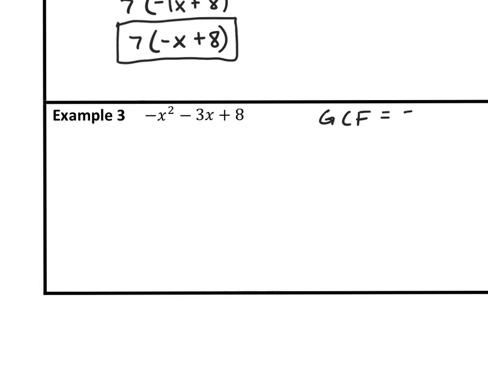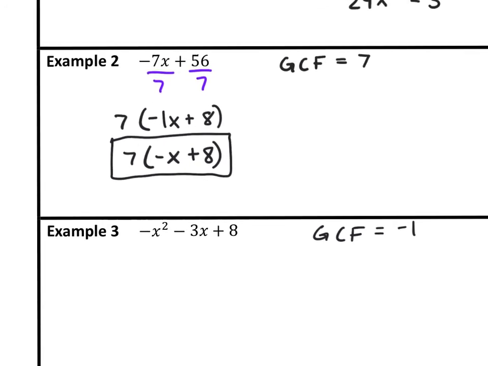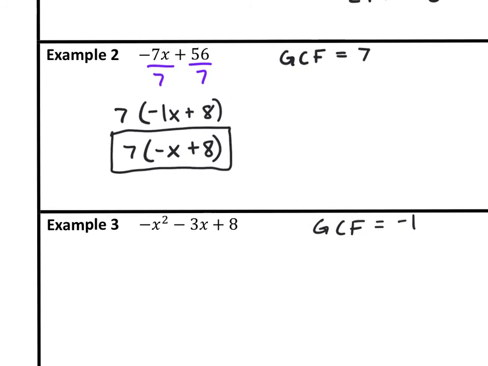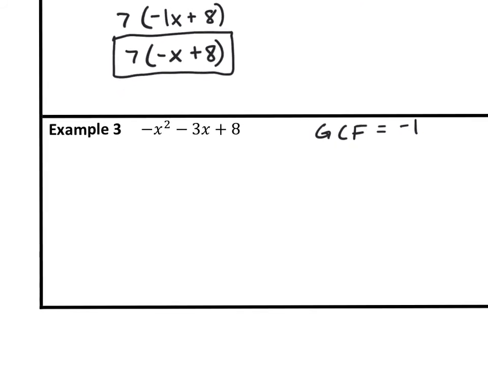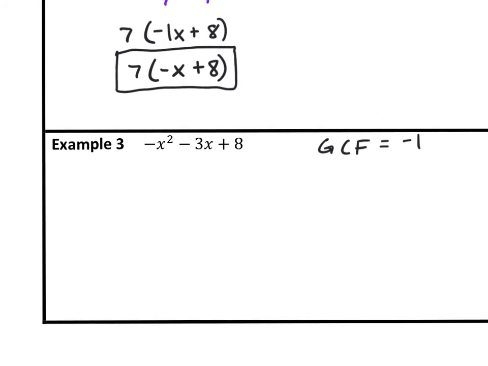But sometimes we factor out a -1 so that the first term can be positive, especially this x squared. Okay, so we're going to do what we did in the previous example, and so I'm going to put the GCF in front of the parentheses, and then I'm going to divide every term by this GCF.